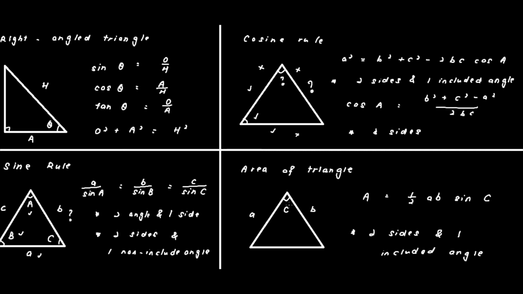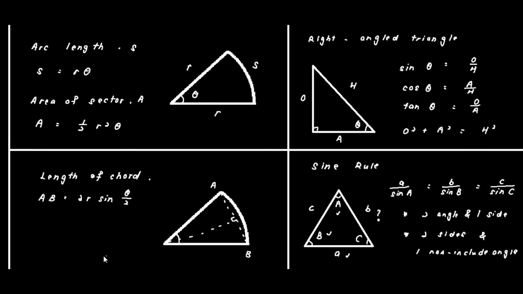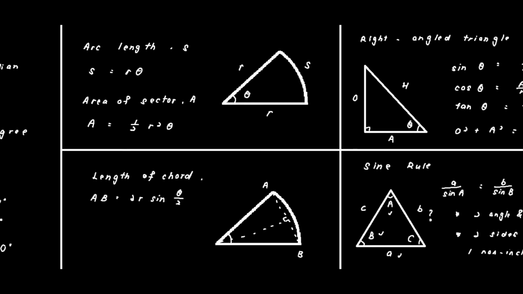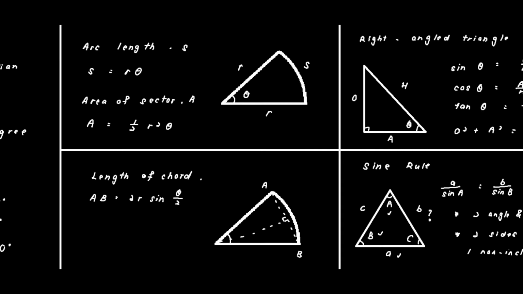Okay, so for this fourth solution, you see in your circular measure that when we talk about arc length, area of sector, or even the chord, all the data that we are using is in the form of radian.